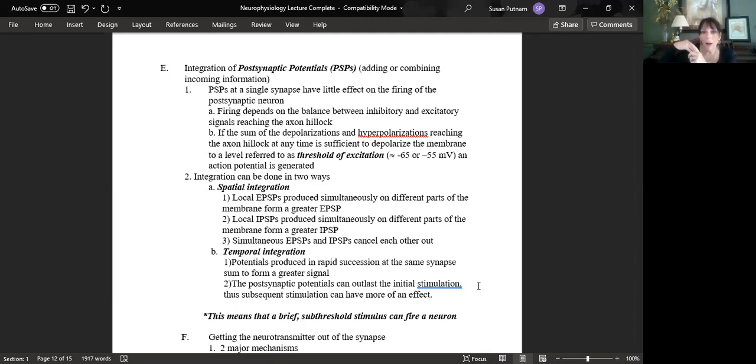And now let's add another stimulation. This second stimulation is going to have more of an effect because it's getting together. It's moving towards the hillock now, and it's summing up with the one that was already there.